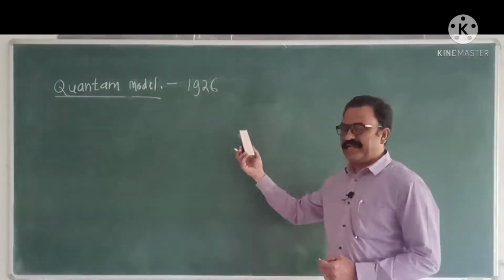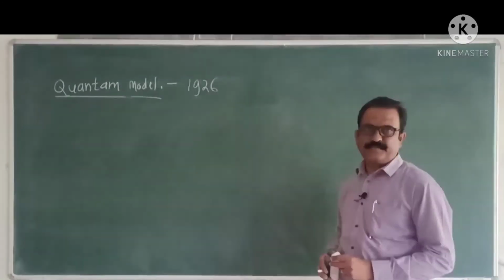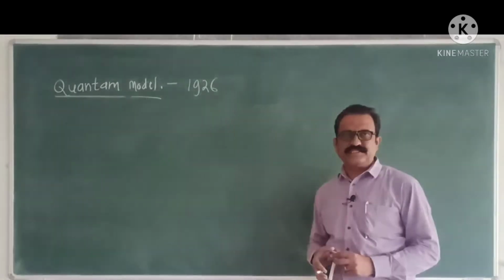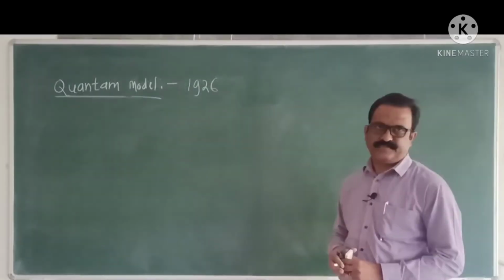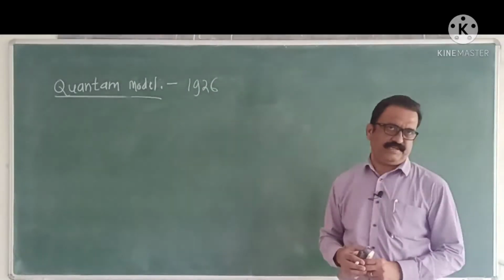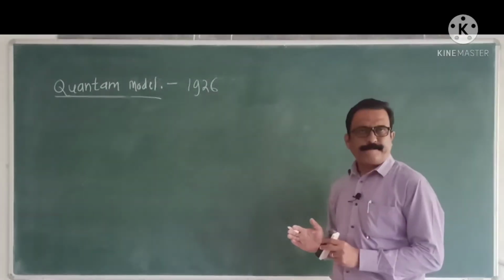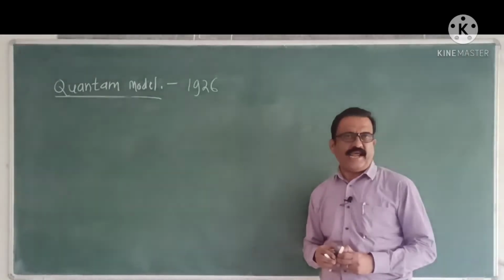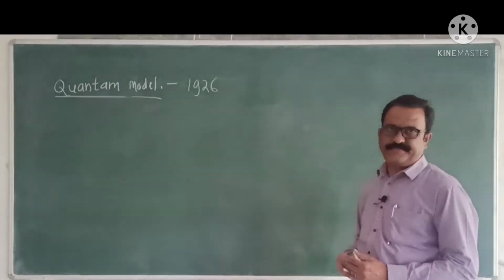This quantum mechanics, or quantum model, is based upon the uncertainty principle as well as wave properties. Heisenberg gave us the uncertainty principle, that is, it is impossible to determine the exact location and momentum of an electron simultaneously.